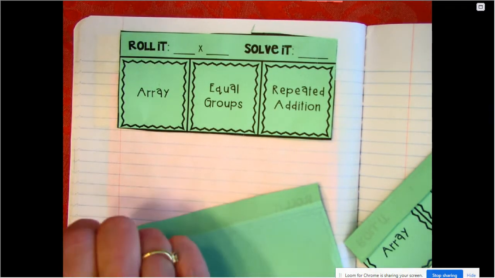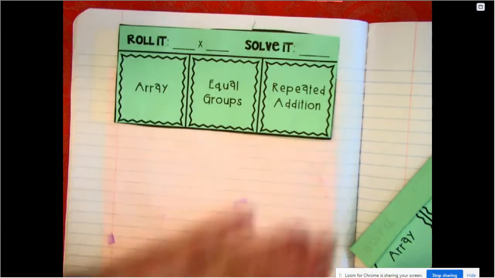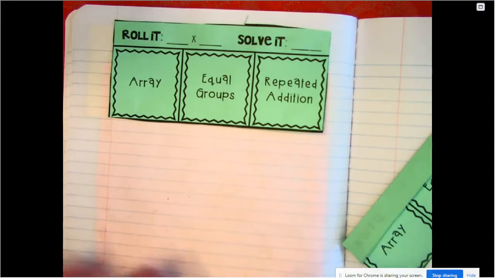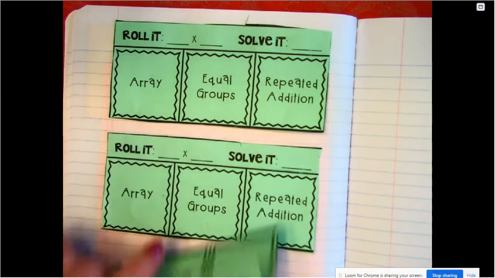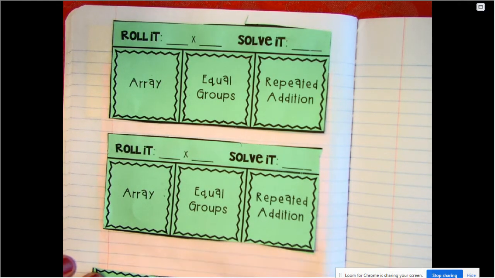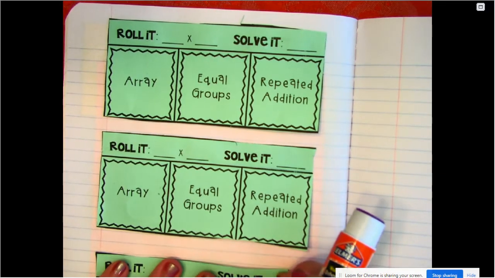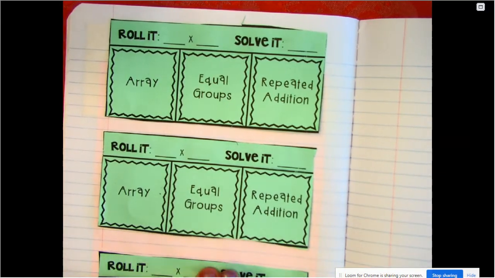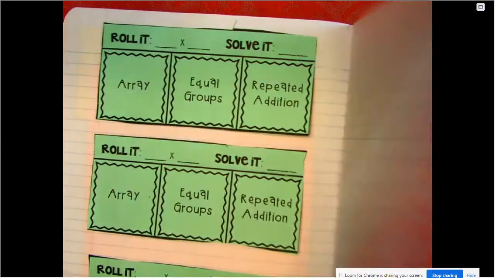Grab another one, put glue on that little folded top part. And a little bit of glue on the last one. And put it on the top there. Put it down. All right, so get this all set up. And then we're going to play.